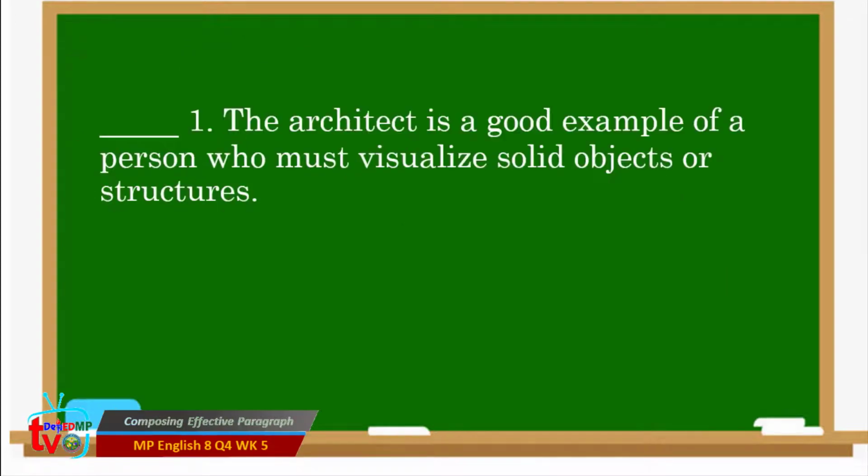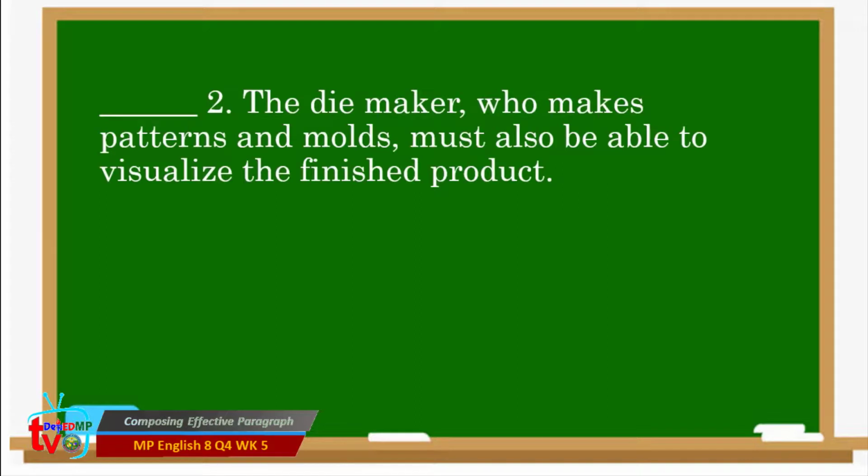Number 1. The architect is a good example of a person who must visualize solid objects or structures. Number 2. The die maker who makes patterns and molds must also be able to visualize the finished product.